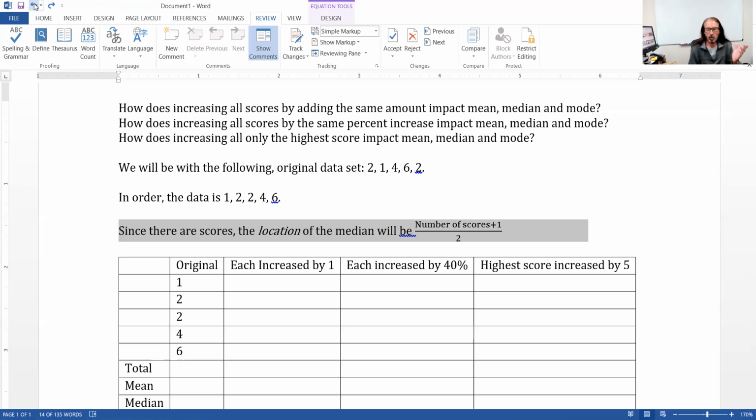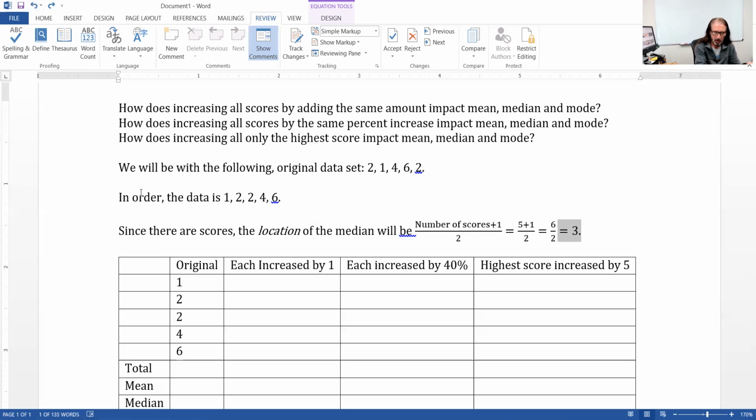Now, recall that if we know that this is a population, that'd be a very small population, but it could happen, then number of scores would be abbreviated by a capital N, and if it was from a sample, with a lowercase n. Well, in this case, that number of scores is 5. So it's going to be the 3rd score. That's going to make it, for the original set of data, 2.